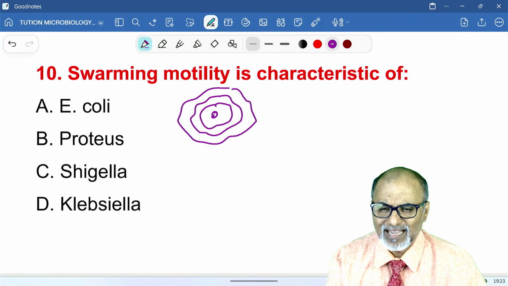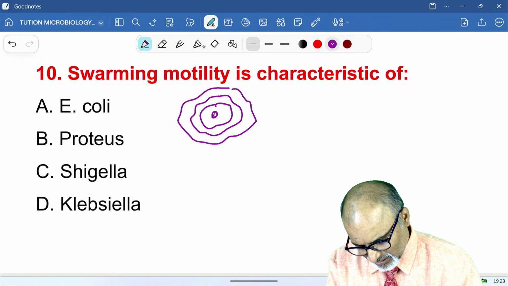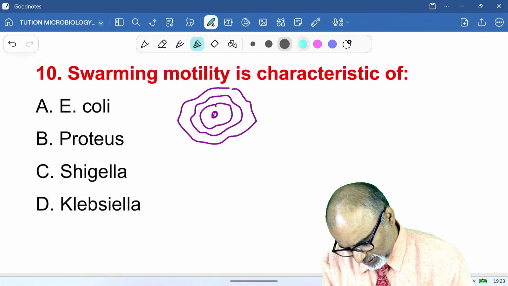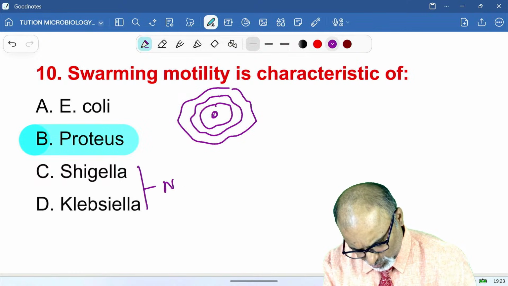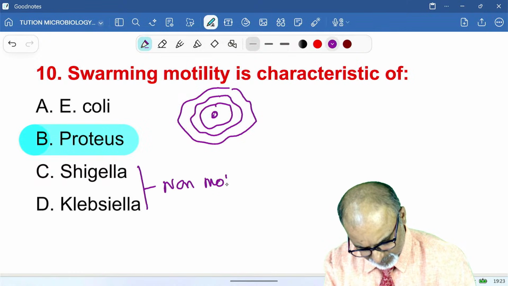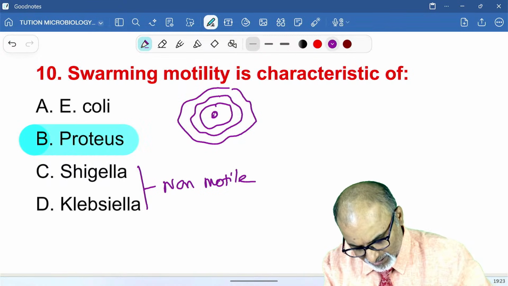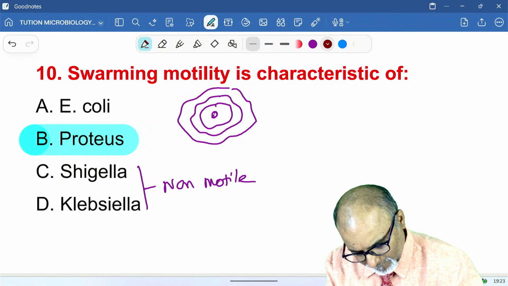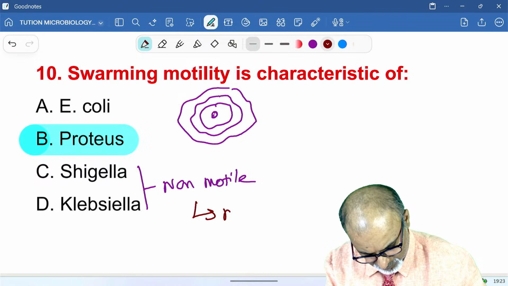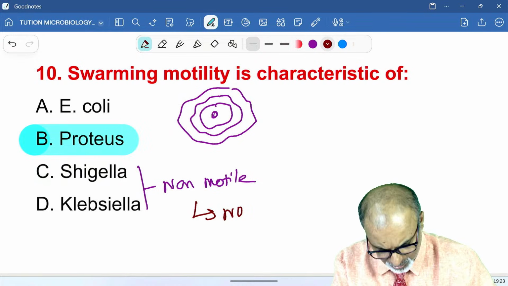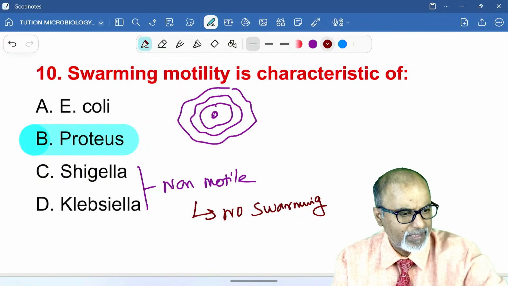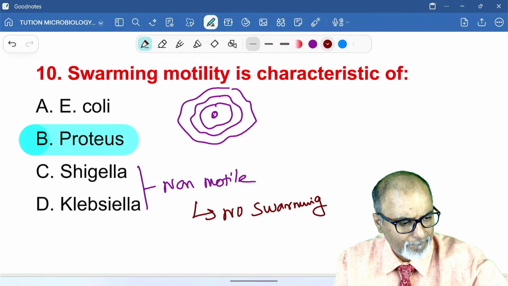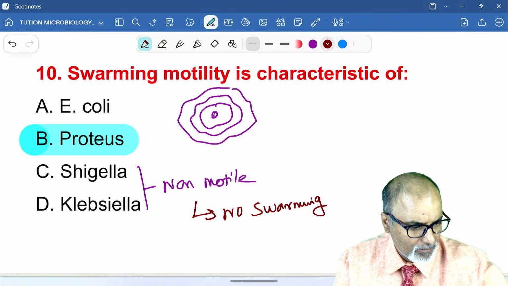Swarming is a classical character of Proteus, because Shigella and Klebsiella are non-motile, so there is no swarming. Got it?